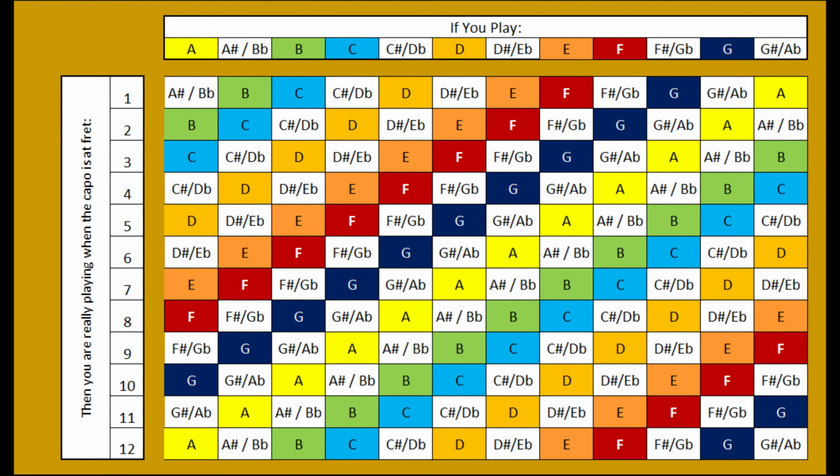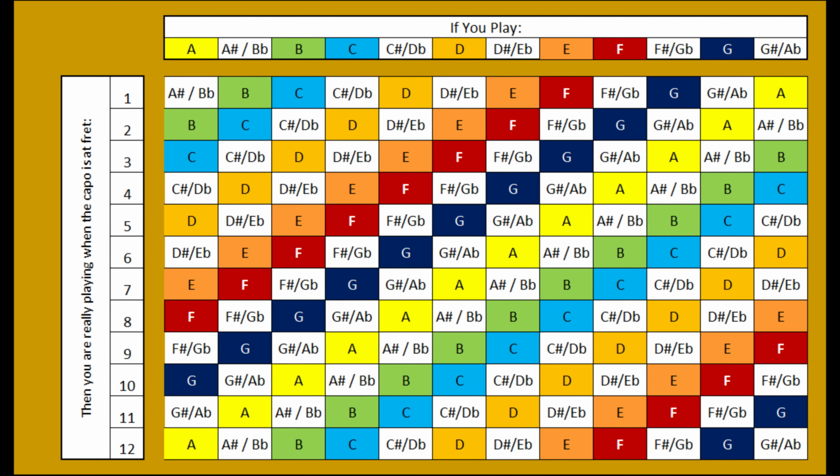So for example, we are very familiar with the chords A, D, and E. If you take a look at the top, A is in yellow, the D is in a burnt orange, and E is a little darker orange.